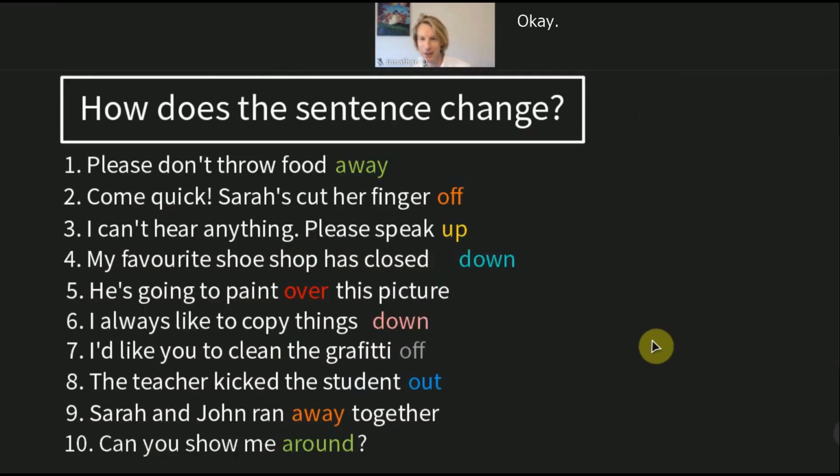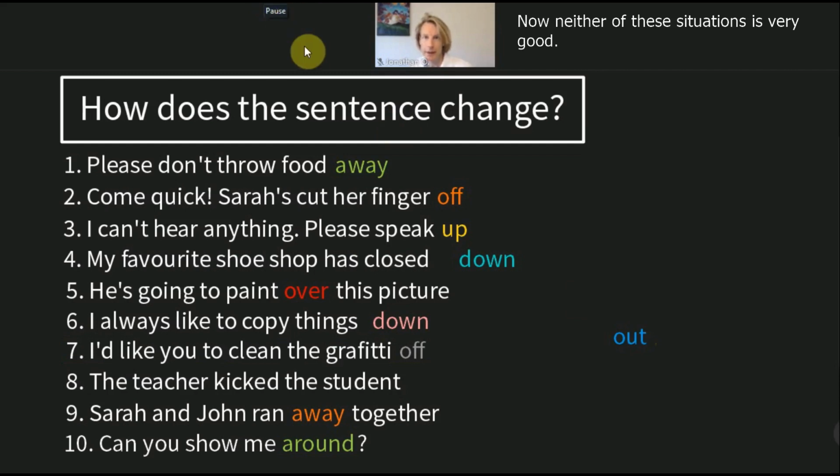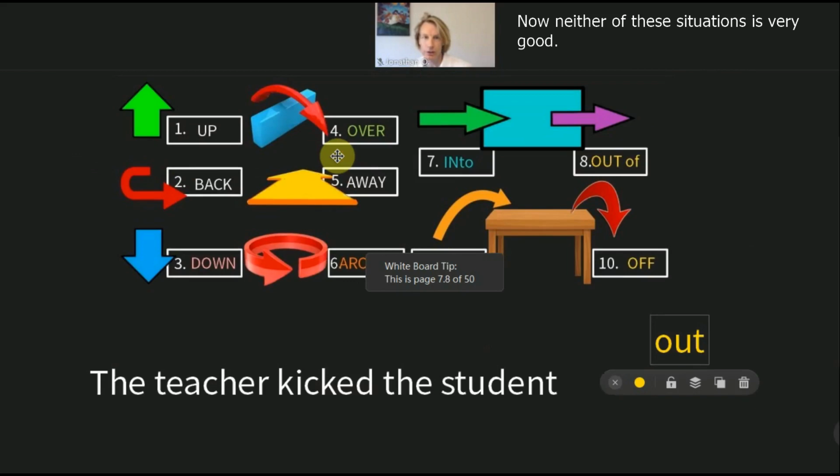Good. Okay. The teacher kicked the student out. Do you understand? Now, neither of these situations is very good, okay? But one is completely unacceptable and the other is metaphorical.